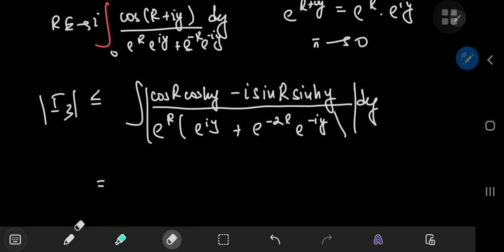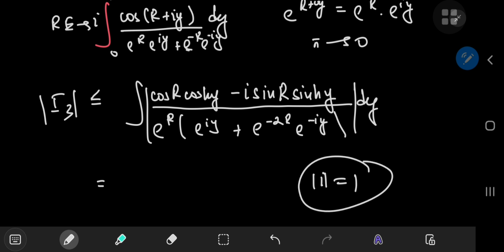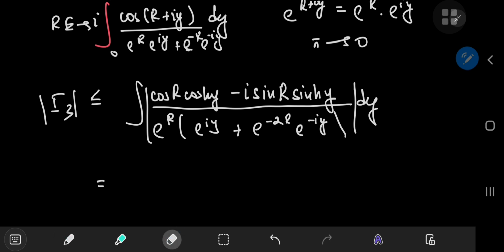distribute this, and the modulus of i is just 1. We're not supposed to call this the absolute value. Sorry, slip of tongue, happens to me often. Anyway, the modulus can be distributed over the numerator and the denominator.